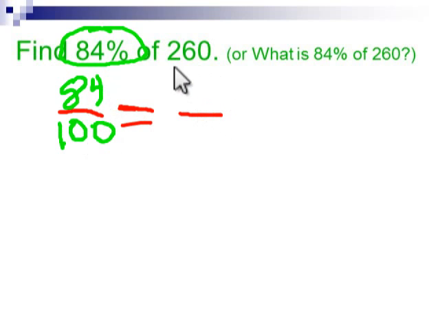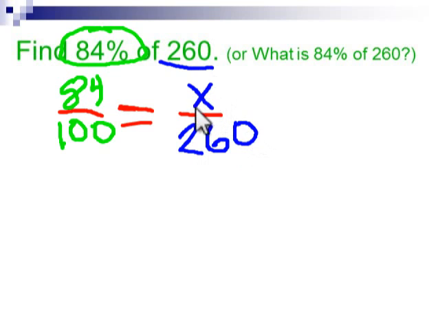Okay. And then I'm finding a part of 260 because 84% is a part of something. So this 260 will be the whole part of my other fraction. And then what I'm looking for is the piece of that 260, the piece that actually represents the 84%.